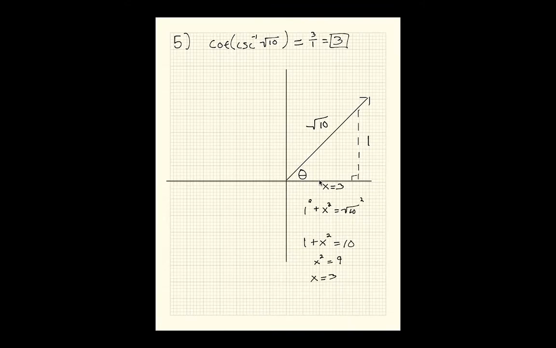Let's move on to number 12. Establish the identity. Number 12 says to establish each identity. We have the sine of x times the tan of x plus cosine x.